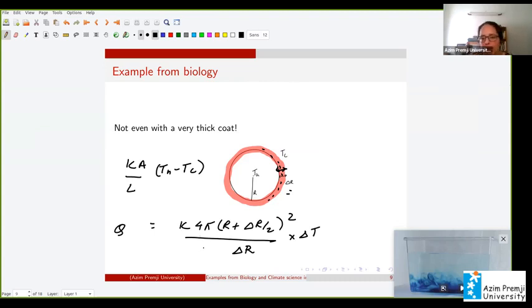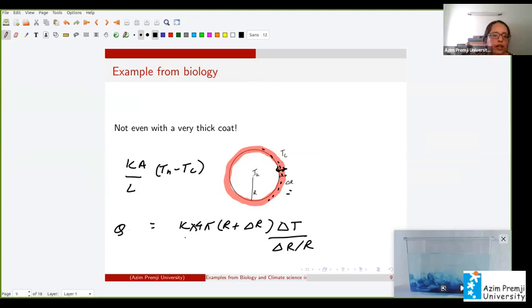Okay. And I can do some, again, mathematical jugglery. And I can write this down as 4 pi kappa times R plus delta R times delta T divided by delta R by R. Okay, so this is what it actually is. Now, this is the rate of heat loss.